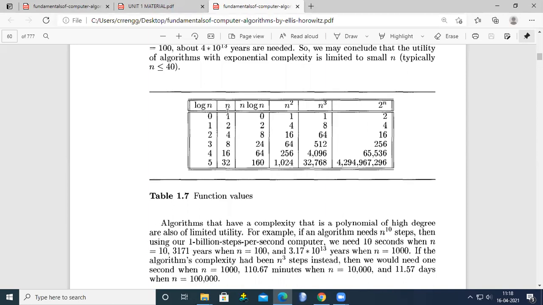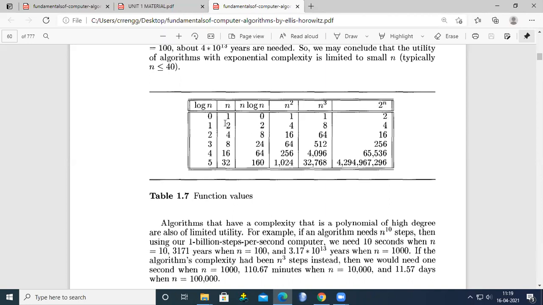Suppose the value of n is 2, then what is log n? Log 2 base 2 is 1. Then n log n is 2 multiplied by 1, that is 2. N is 2, so n square is 4. N is 2, so n cube is 8. And 2 power 2 is 4.